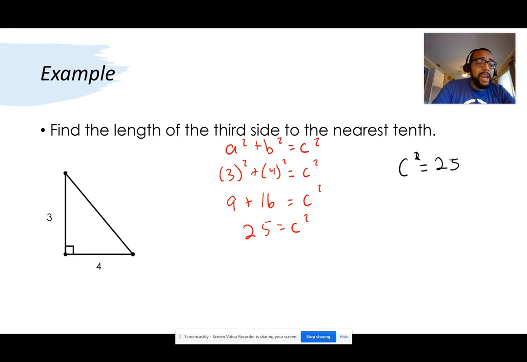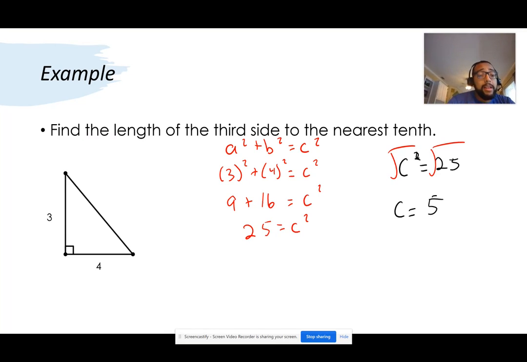This is a throwback to Algebra 1 on how to, quote unquote, get rid of that square. I'm going to take the square root of both sides. Yes, technically that's a plus or minus, but we can't have a negative for length. So the missing side is a length of 5.